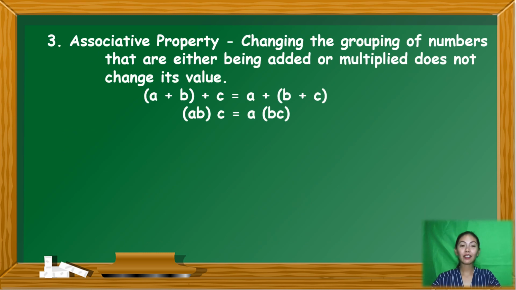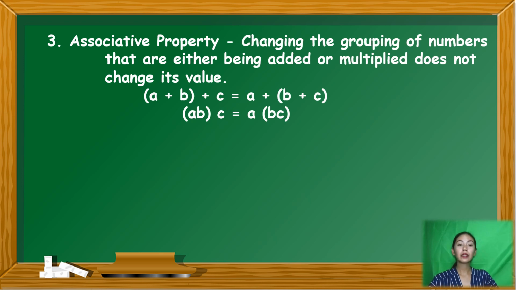Next property, the associative property. It states that changing the grouping of numbers that are either being added or multiplied does not change its value. Again, the associative property is applicable for addition and multiplication. We will just change the grouping of the numbers.